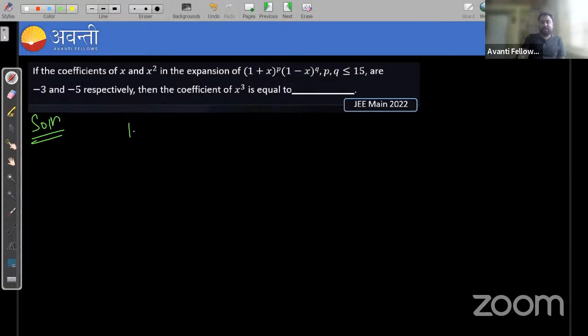The expansion is given as (1 plus x) to the power p into (1 minus x) to the power q.